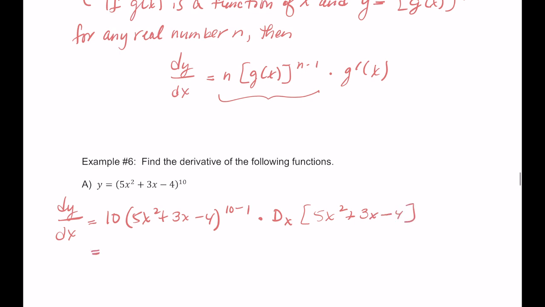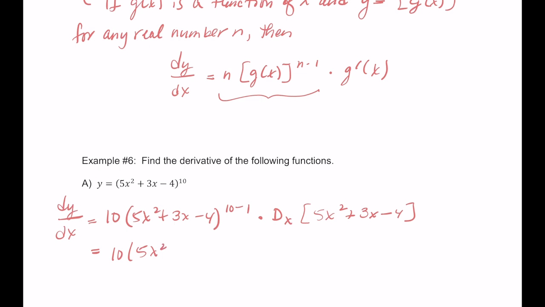If I simplify that, I just get 10 times (5x squared plus 3x minus 4) to the 9th power. And then the derivative of 5x squared plus 3x minus 4, if I just use the power rule there, I would have 10x plus 3. And then that's pretty much your answer.